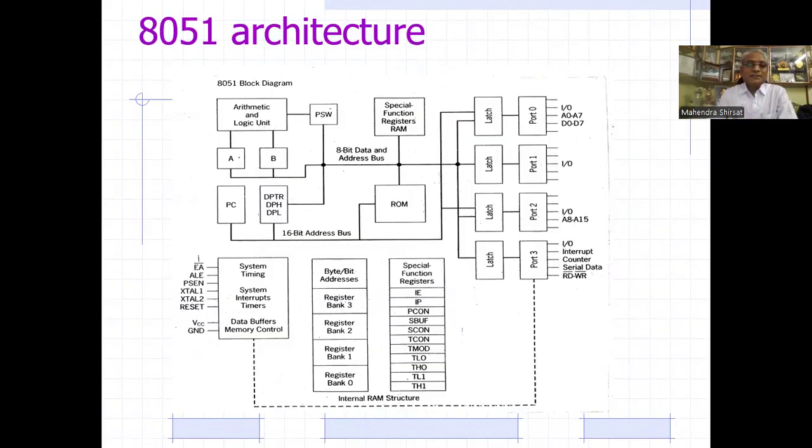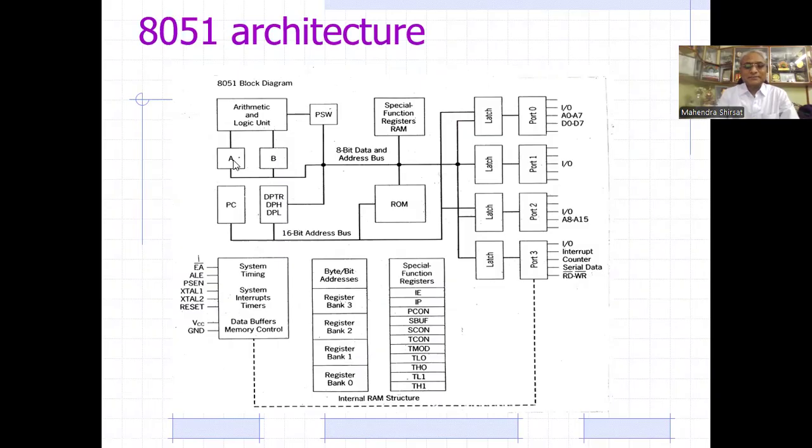The role of the arithmetic and logic unit is that whatever arithmetic and logical operations are to be performed by the microcontroller are performed in the arithmetic and logic unit. Here, register A is the accumulator and register B is called a temporary register.